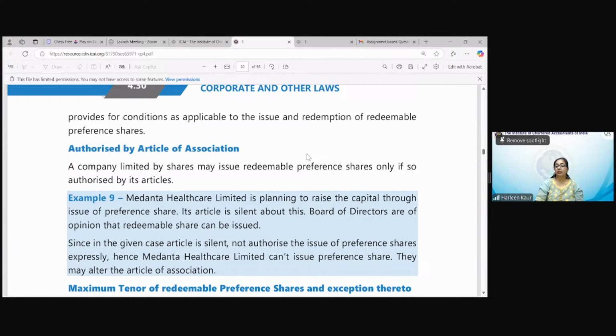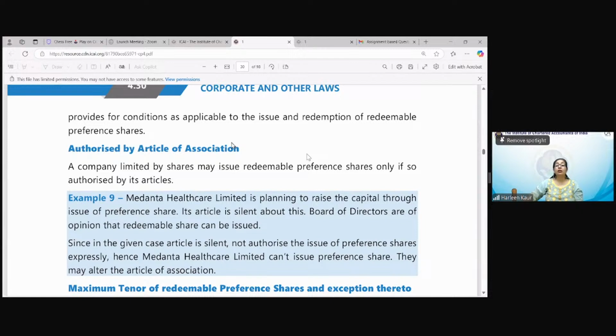Medanta Healthcare Limited is planning to raise capital by issue of preference shares, but the articles are silent about it. The board of directors is of the opinion that redeemable shares can be issued. But since the articles are silent, you cannot authorize the issue of preference shares expressly. Hence, you can't issue preference shares.